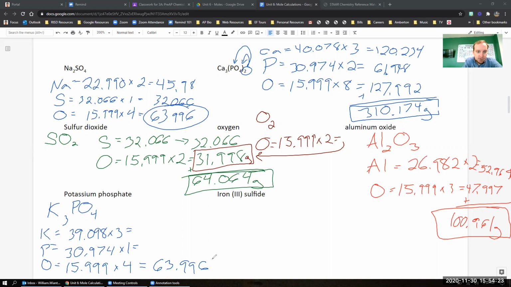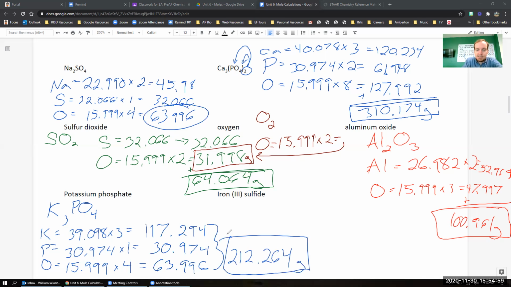Then we need our phosphorus times 1, which of course is just 30.974. And then our potassium times 3: 39.098 times 3 equals 117.294. If I add those up together, plus 30.974 plus 63.996 equals 212.264 grams. So that's how you do the molar mass.